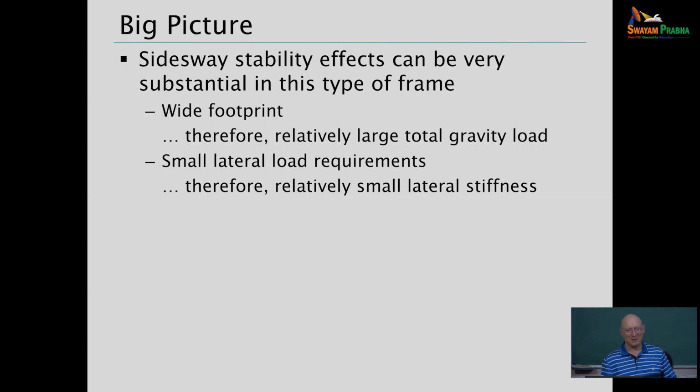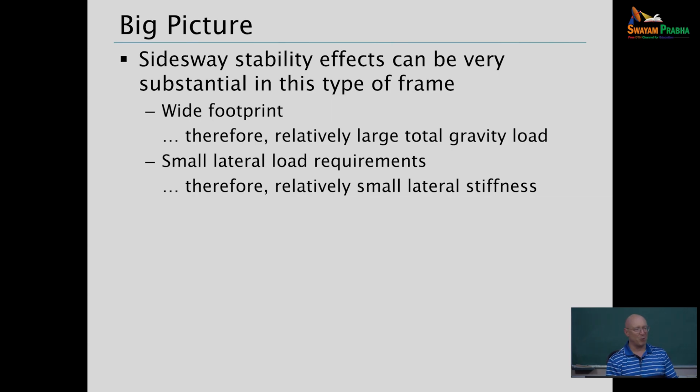But if you're in an area where you get a big snow event, you get a huge amount of load from snow on that roof, and it's a big footprint of the building. Guess what? Because your wind loads were low and your seismic loads were low, you don't have much lateral stiffness, but now you've got a huge vertical load, you're going to have a tremendous second order effect.